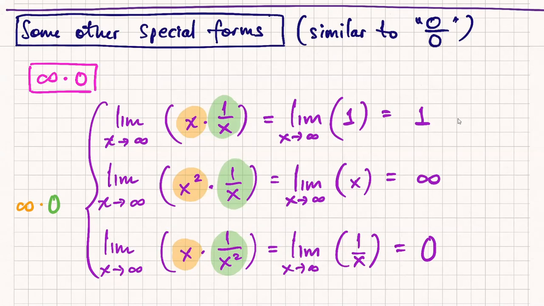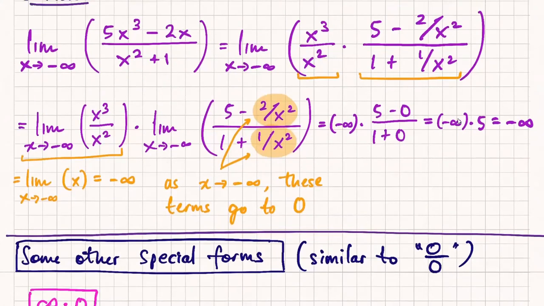Like, is the number so large that multiplying it by a very small number keeps it large? Or is there cancellation, like in the first case, where they're kind of just about the same size, just reciprocals of each other? Right? There's a give and take. There's a fight between how large that number is versus how small this number is. That's very different from if I had infinity times 5. Because if I have a large number, I multiply it by 5, it's always bigger. But the 0 is a special case.